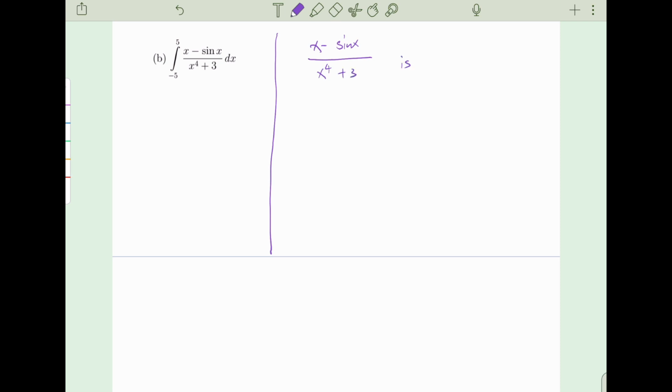So this is odd because when you input negative x, the thing you get is the opposite of the thing when you input x.